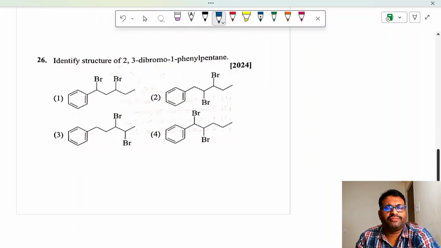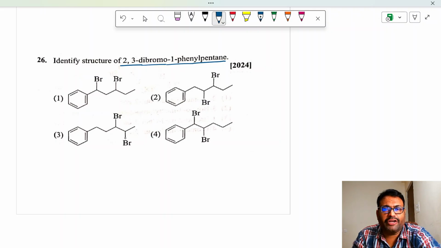Next, coming to identify the structure of 2,3-dibromo-1-phenyl pentane. It has appeared in the 2024 JEE Mains paper. From this, what did we understand?